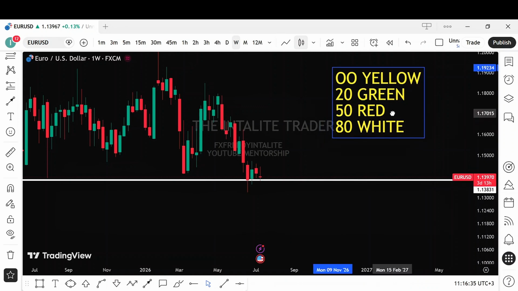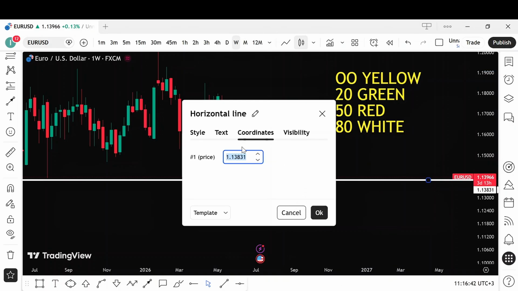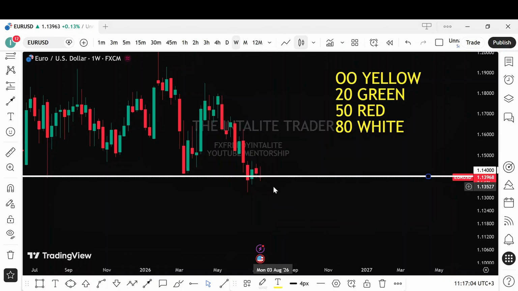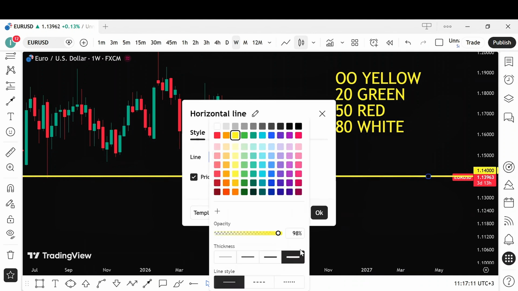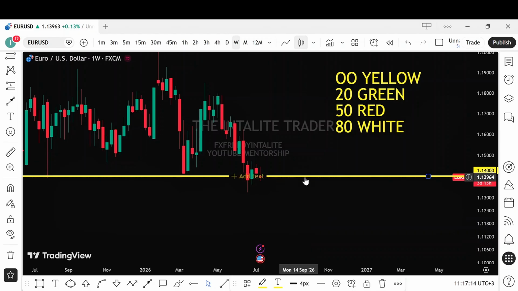Right now price is at 1.13966. So the next level to this is 1.1400. Click OK. This is the level. So we say the 00, we shall give it the yellow. This is the yellow line.